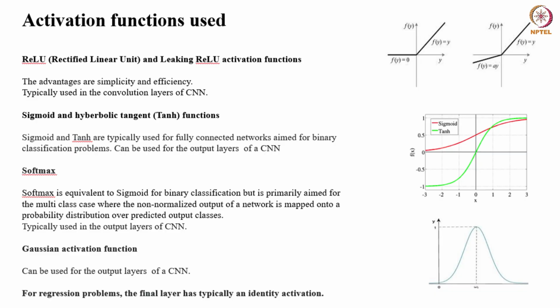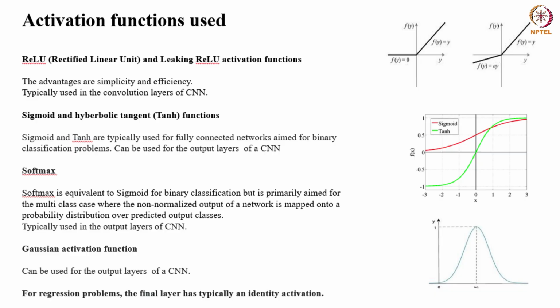For the output, you can do different things. You can use what was already mentioned, sigmoid functions or hyperbolic functions, if you have a binary classification problem. For a multiple class classification problem, the softmax function is very popular because you get a normalized output in terms of probabilities for class membership.